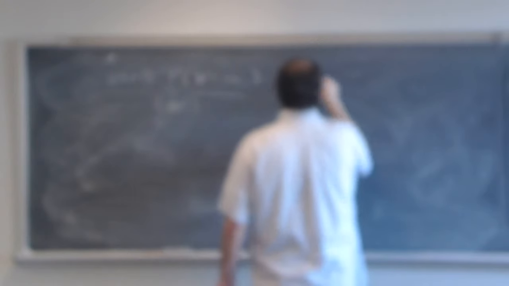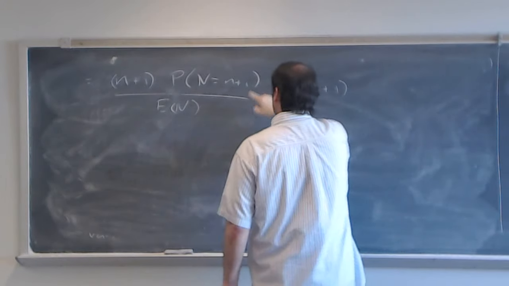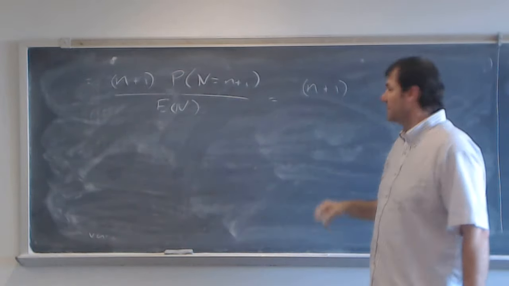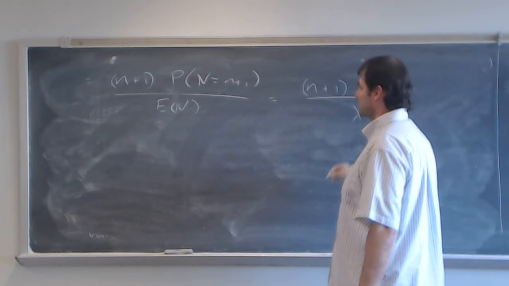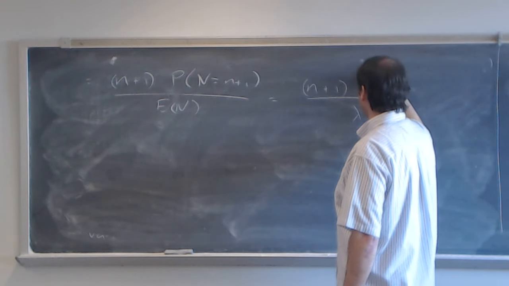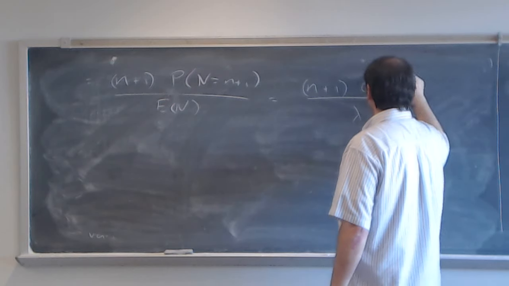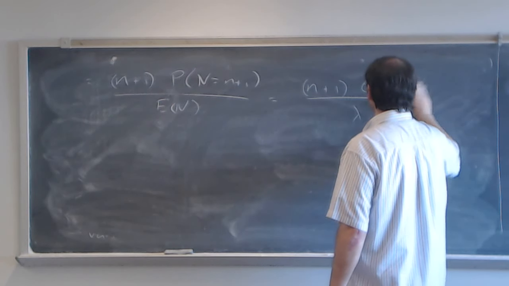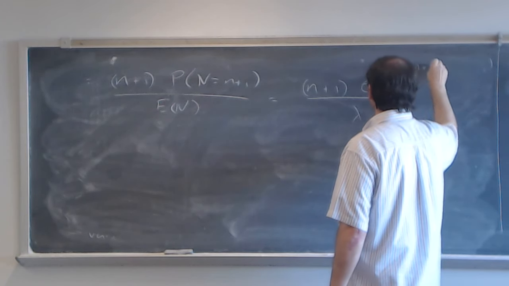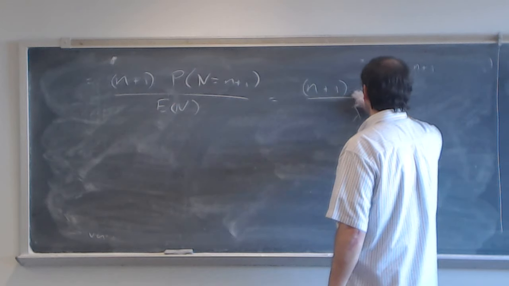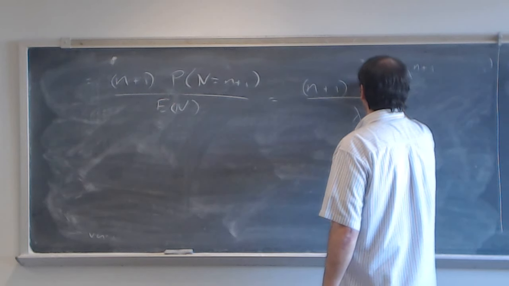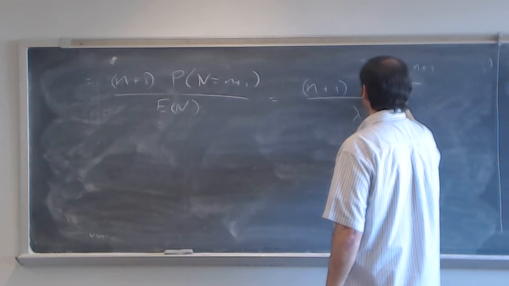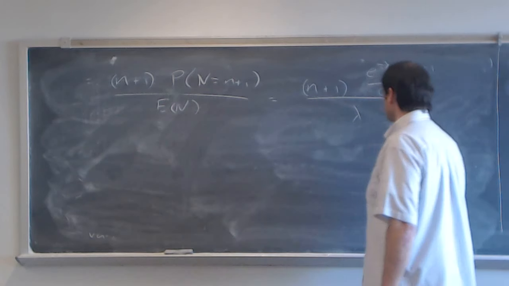So this is n plus 1, and the probability of N equaling n plus 1, well, N itself was Poisson distributed, so this will be e to the minus lambda, lambda to the n plus 1, all that over n plus 1 factorial.